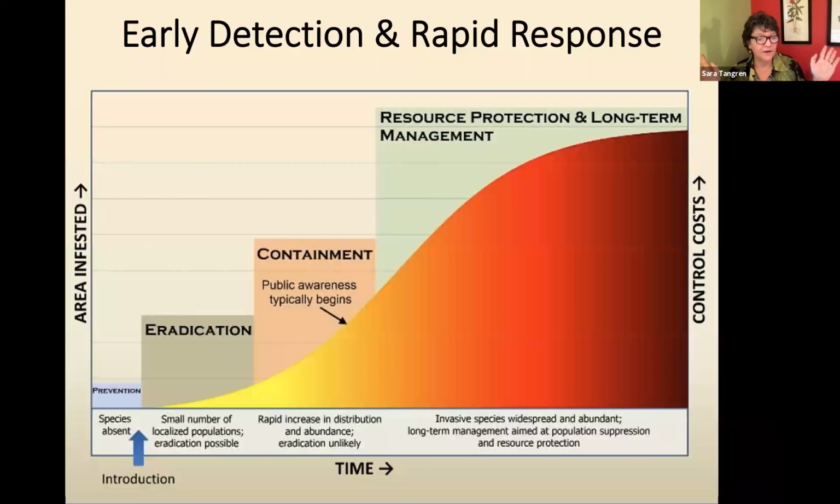You save untold ecological damage, and you save the taxpayers millions of dollars if you can pull off this eradication thing. This is what we want to start doing with a program called Invader Detectives.